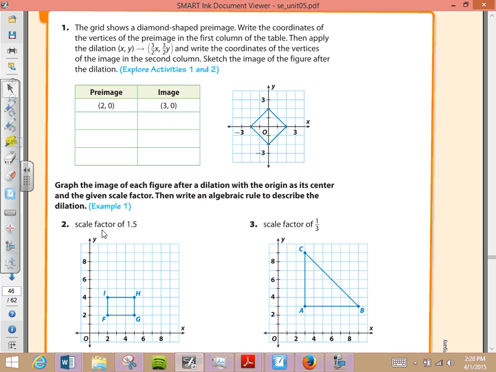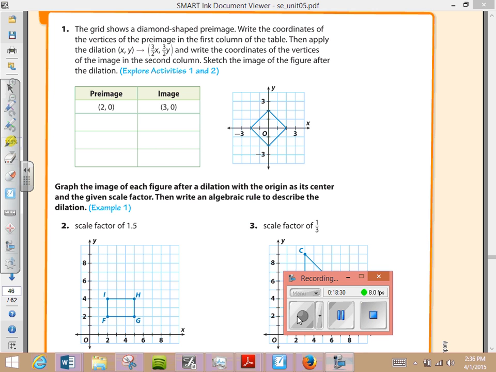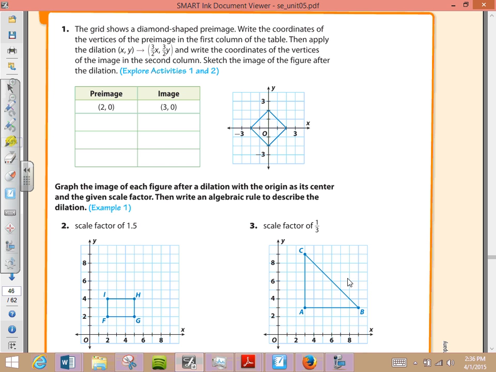So let's work on this one. This is 2 and 2, and then 0 and 2. This is -2 and 0, and it's 0 and -2, and then 0 and 2, right? And the scale factor is 3/2, right?